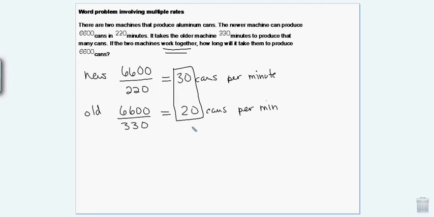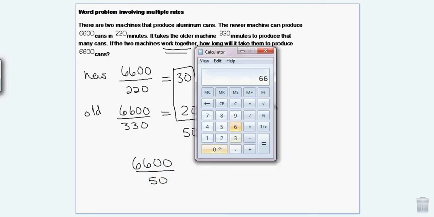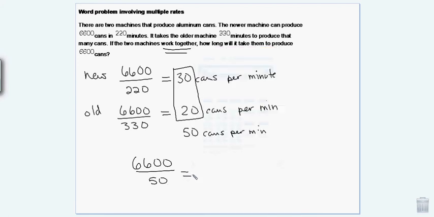This is their individual rate. Together, they're going to do 50 cans per minute. So I'm going to take that 6,600, divide it by 50, and I'm going to get 132 minutes. So working together, they'll only take 132 minutes.